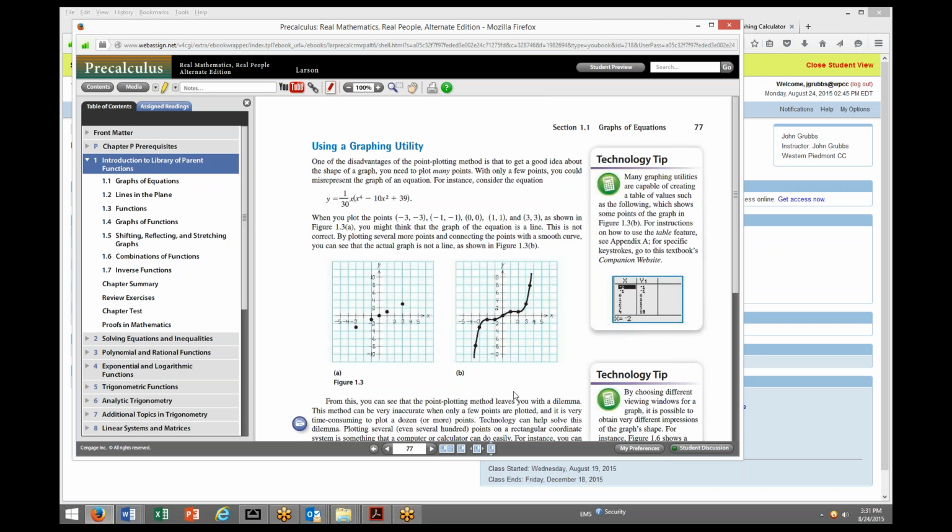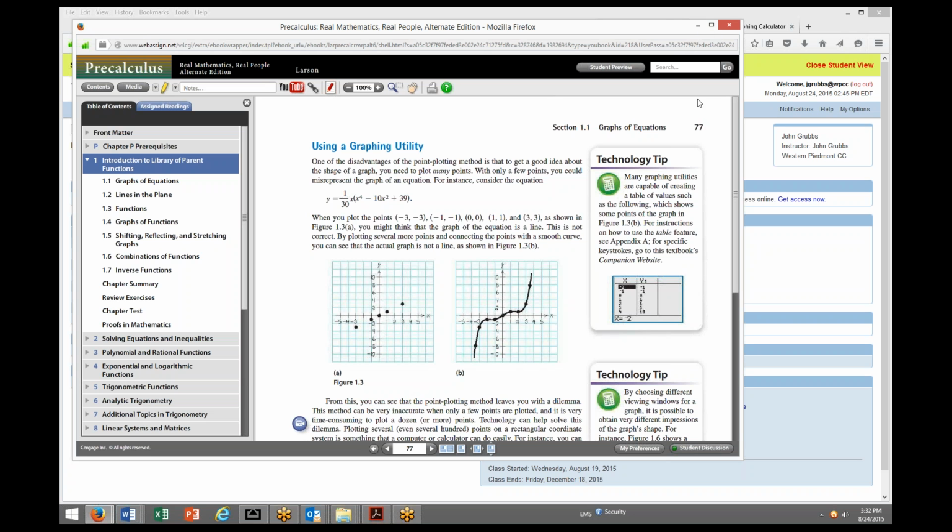And then they go on to using a graphing utility. So we just graphed that with Desmos. But you can, of course, also do this with a Texas Instruments 83, TI-83, or a TI-84. You can graph things like that yourself.